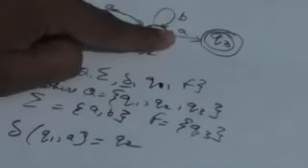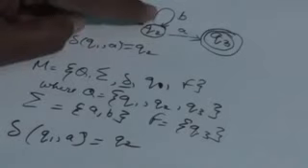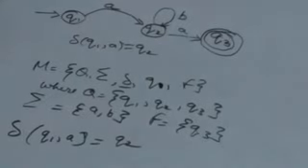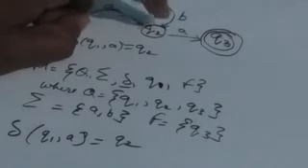One is for input symbol A and the other is for input symbol B. On reading an input symbol A, it jumps to final state Q3, and on reading an input symbol B, it remains in state Q2.